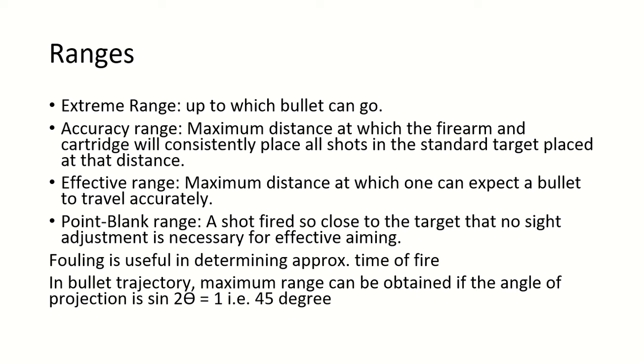Effective range, the maximum distance at which one can expect a bullet to travel accurately. So, the accuracy range will determine the effective range of a firearm, or it depends on the shooter as well. Point blank range, in which accuracy is not needed. The target is so close, so there will be no need for sight adjustment or perfect aiming.